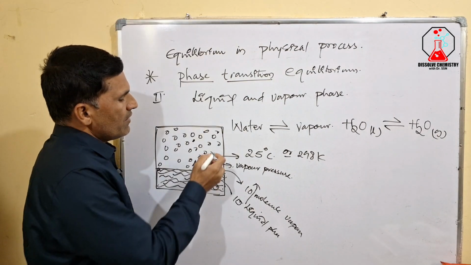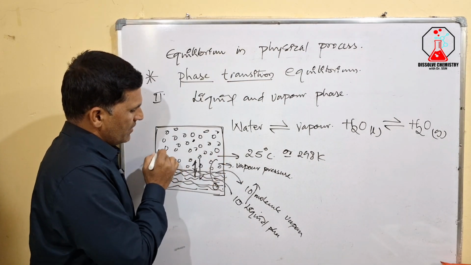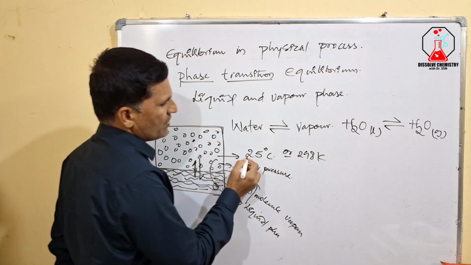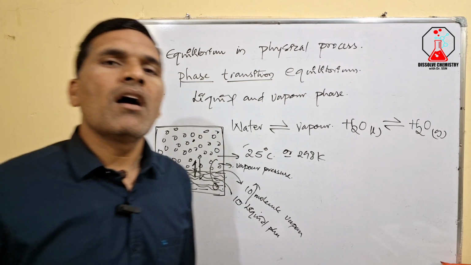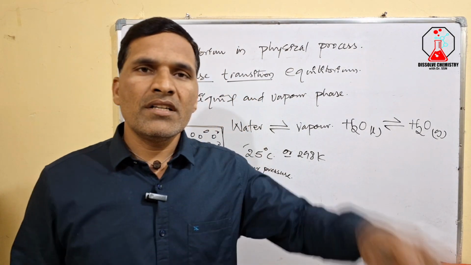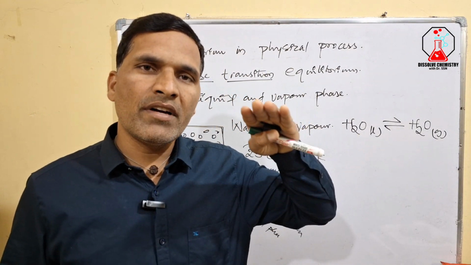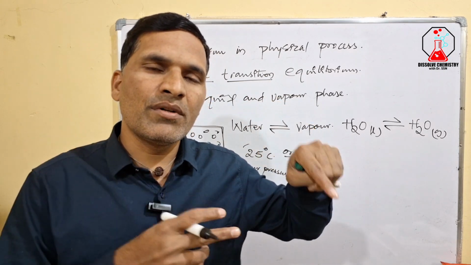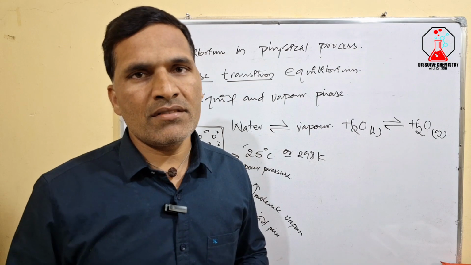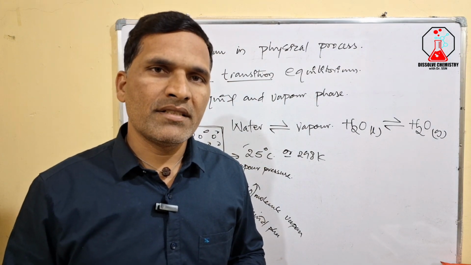Now similarly, the temperature at which the vapor pressure becomes equal to atmospheric pressure, what can we call it? If the vapor pressure is at 1 atmospheric pressure, the temperature at which it happens, we call it what? Boiling point. Okay.